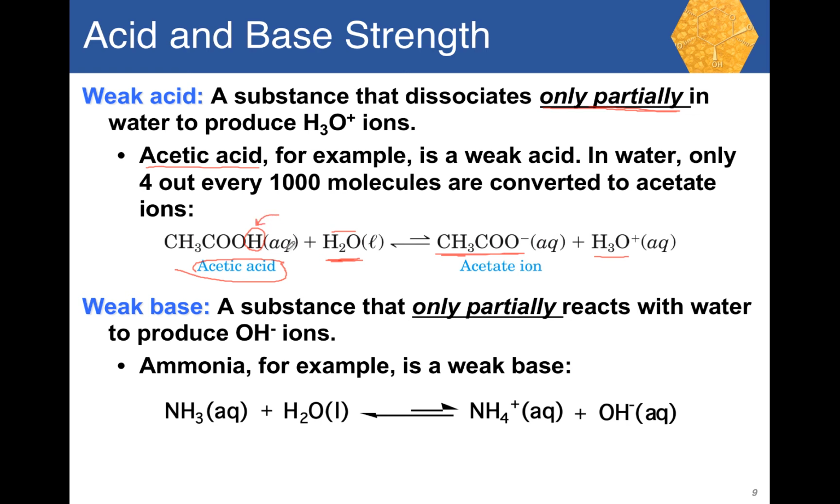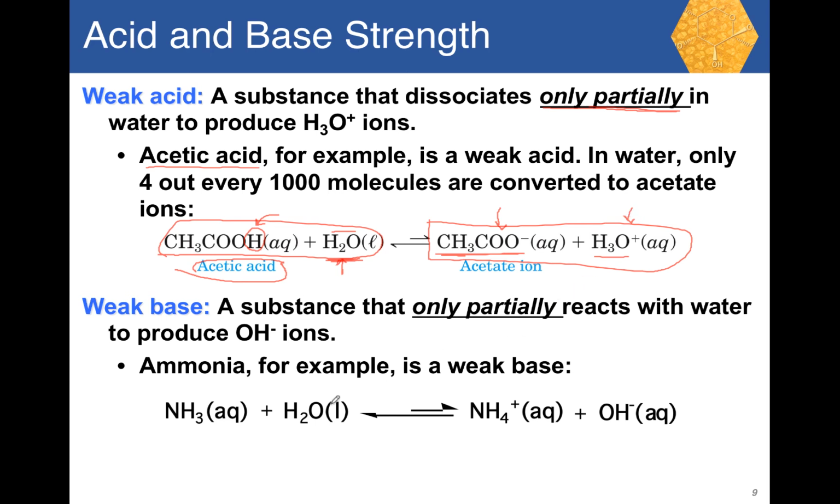So what you'll see in solution is a mixture of all four: two reactant molecules, including water as a solvent, and you'll also see two product molecules here, and the hydronium ion. That means it's not completely dissolved.